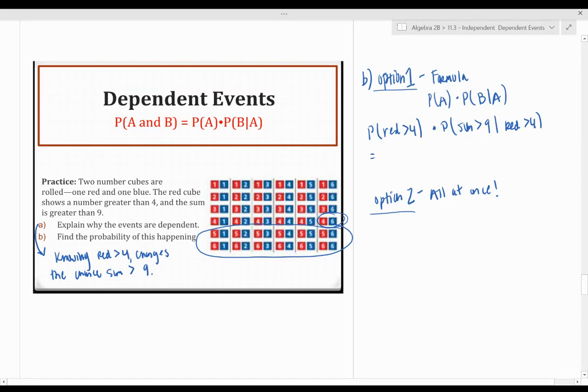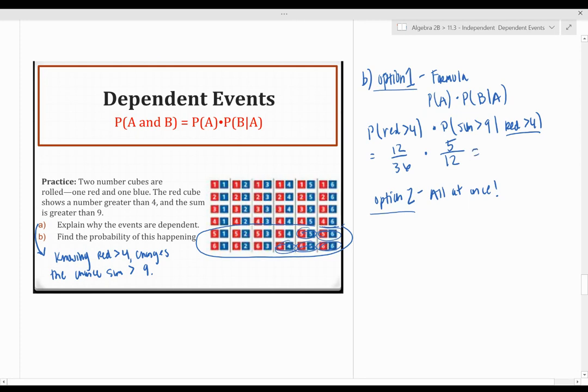Chance of the red being greater than 4, out of the 36, there were 12, all the 5s and 6s. And then given that it was greater than 4, out of those 12, how many of them also happen to have a sum greater than 9? That would be 5 and 6, 6 and 6, 5, 5, 6, 5. It would be those 5 options right there.